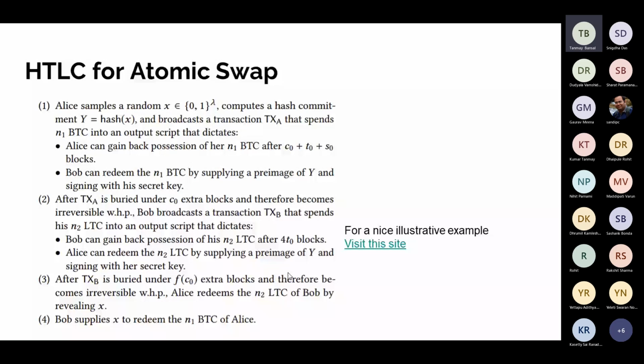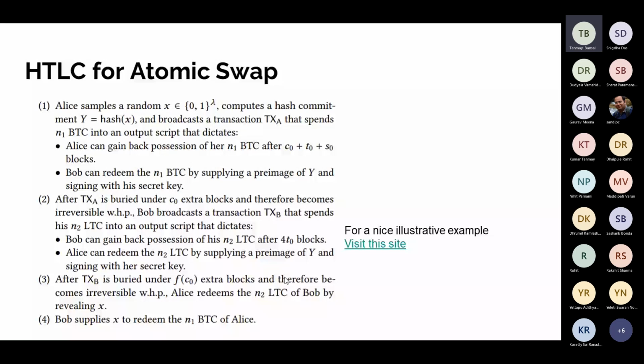Say Bob is now willing to pay a certain number of ethers back to Alice. So Bob would now create a transaction in the Ethereum network. The previous one, assume it was in the Bitcoin network. Here it is Ethereum or LTC, the Litecoin network. We are using BTC and LTC in this example, so let us stick to that.